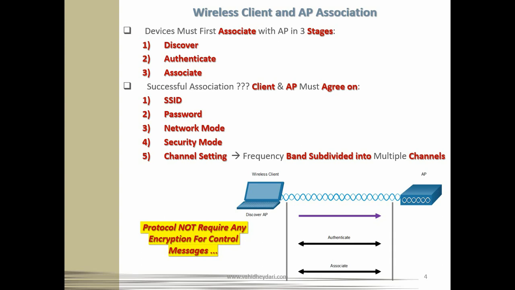In fact, before I move on, it is worth mentioning that to plan a wireless LAN or WLAN deployment, the number of users supported by that wireless LAN depends on certain criteria.